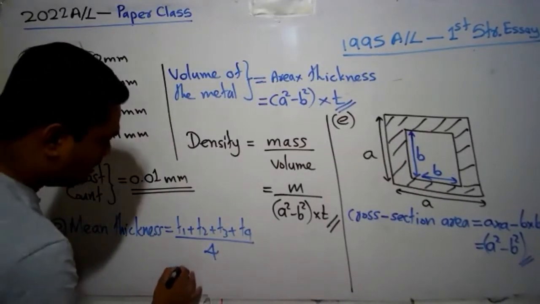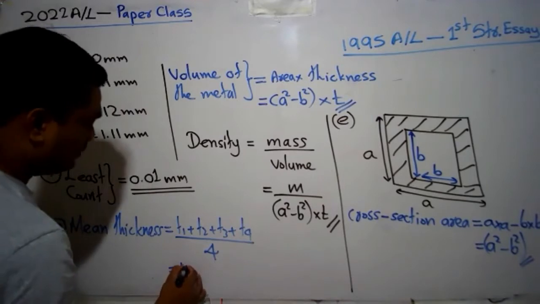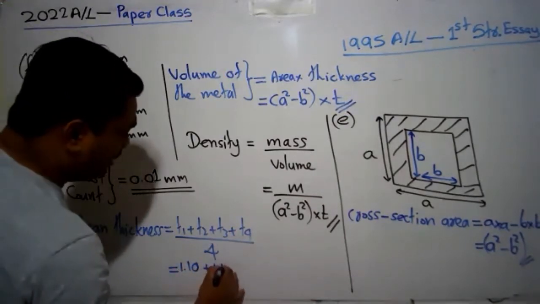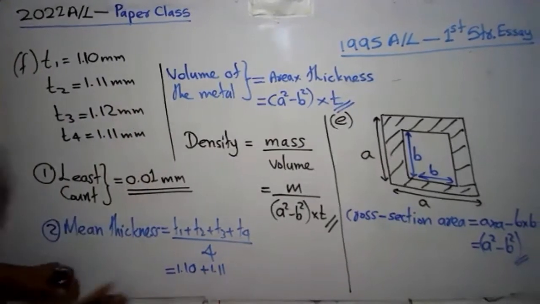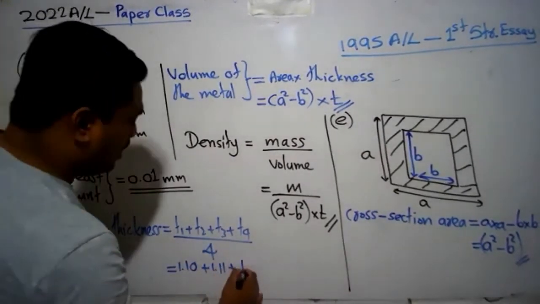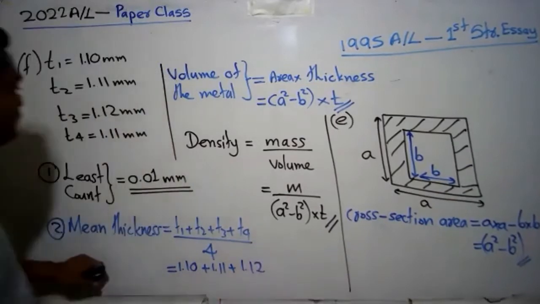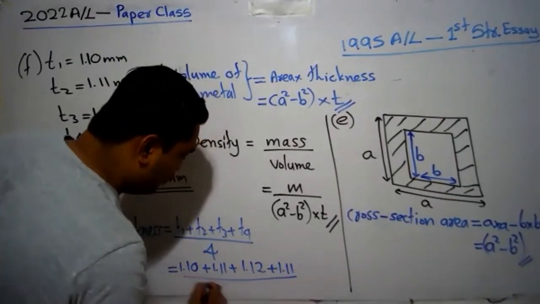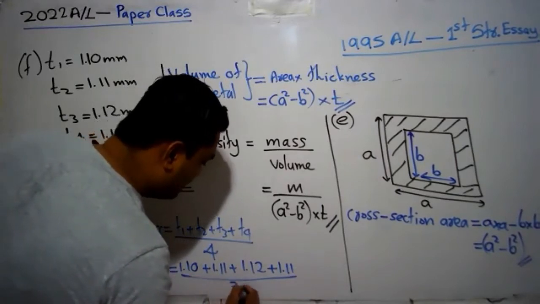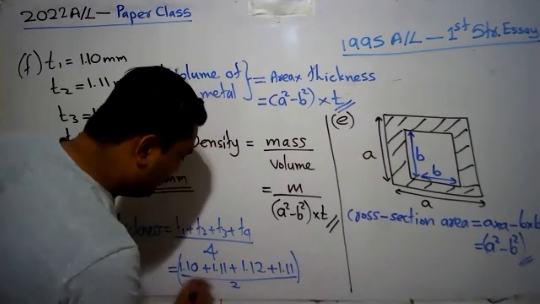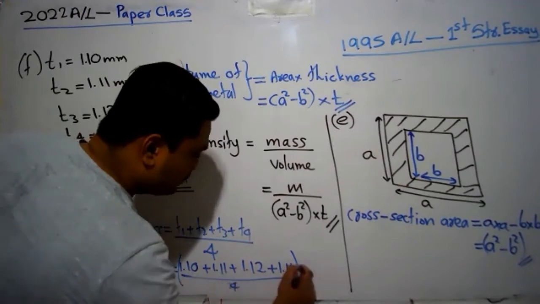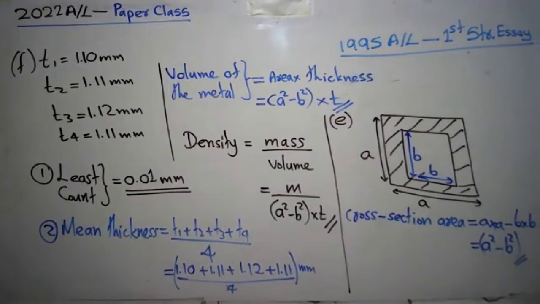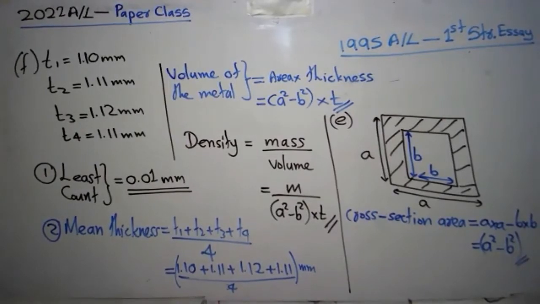So T1 is 1.10 plus 1.11 plus 1.12 plus 1.11, and all of it divided by 4. So this is the average thickness. Can you find it here? Can you find the average thickness without my help?